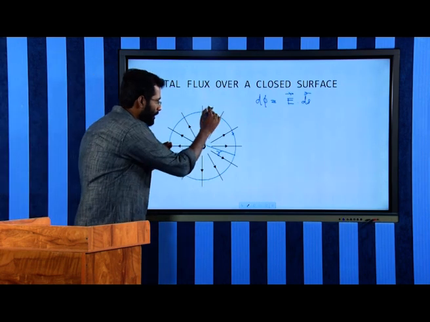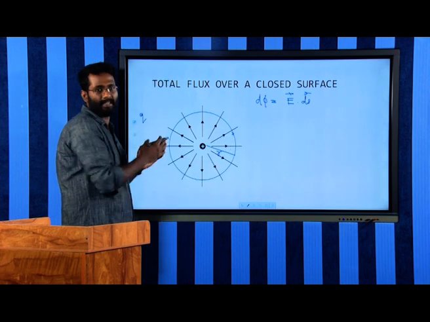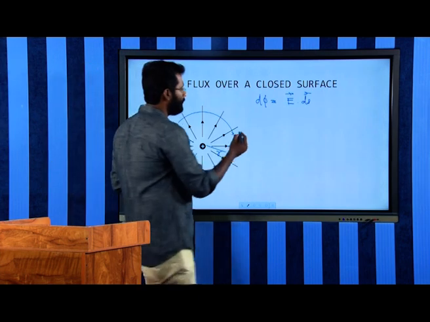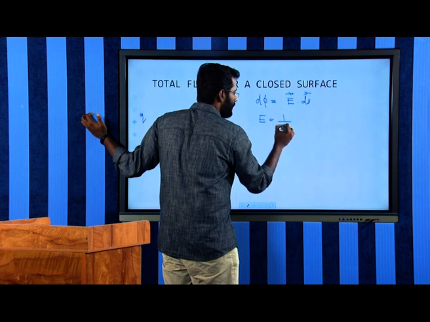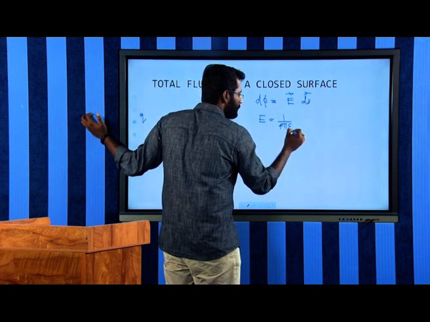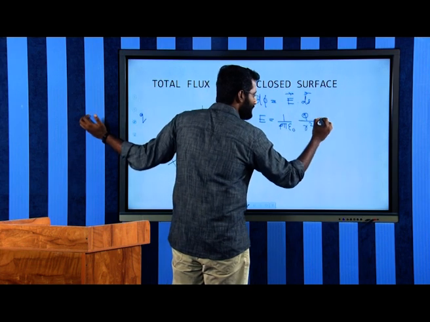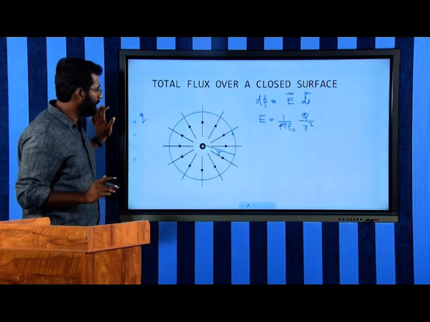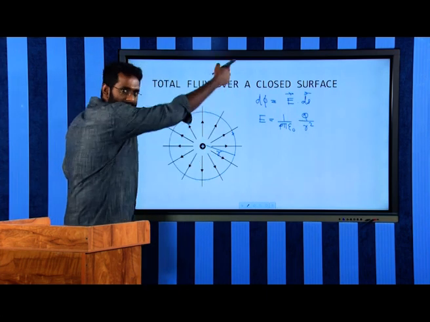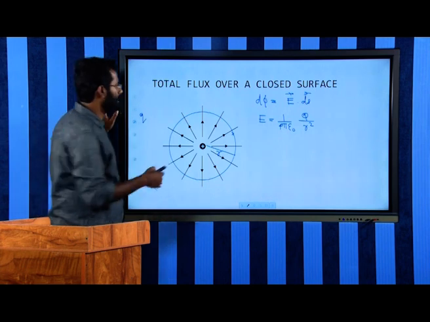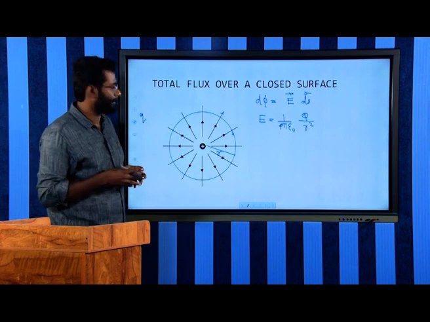Because all the points on this sphere are equidistant from the charge. So, that value will be E equal to 1 by 4 pi epsilon 0, q divided by r square, and its direction is along r cap. I am considering a particular point here, and this black field line represents the direction, directed like this.